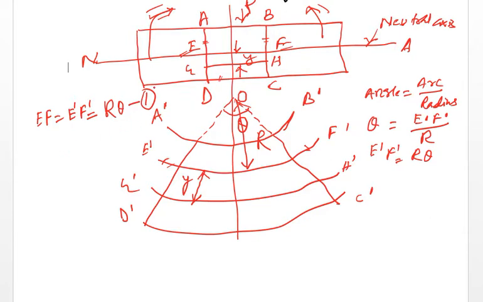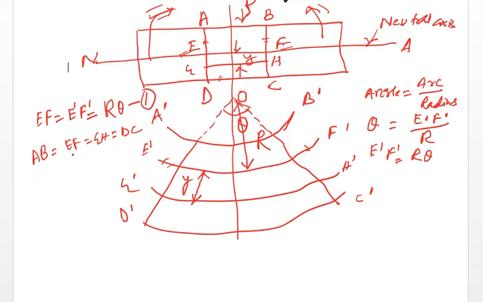So we can write, before bending of the beam, AB is equal to EF is equal to GH is equal to DC, correct?